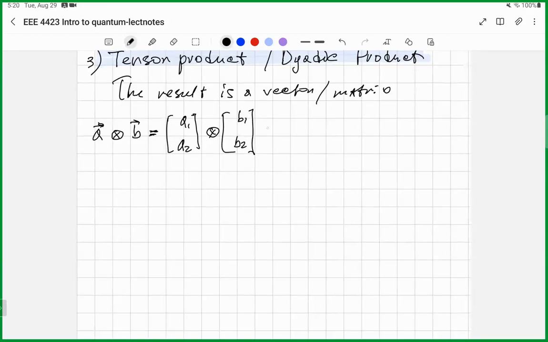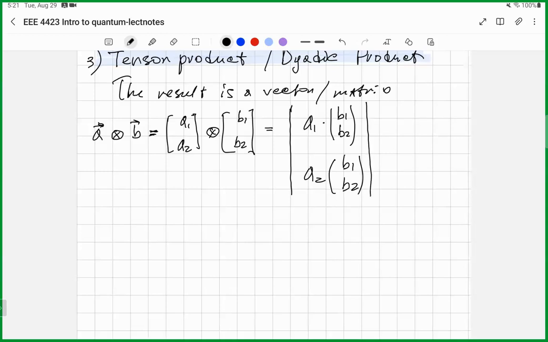The tensor product is the operation where we multiply the components of the first vector by the second vector itself. So, for example, for the first one, we get the A1 element times the second vector B1, B2, and the same for the second component, A2 times B1, B2. So it's a vector of vectors.